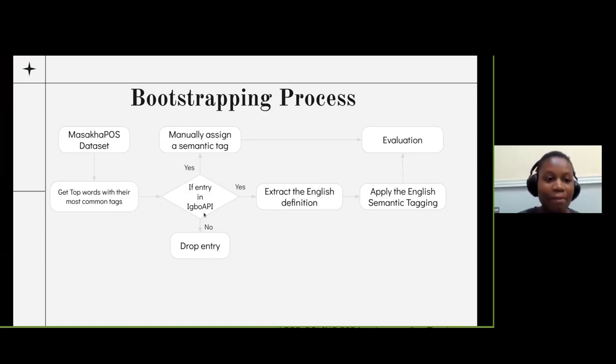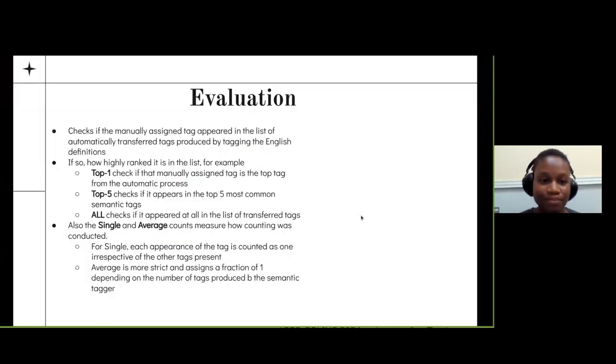But if there is a match, we manually assign the USAS semantic tag to those words, while simultaneously using PyMUSAS to automatically assign the semantic tags to the corresponding English definition, allowing us to evaluate the accuracy of the automated process by comparing its results with the manually assigned tags.